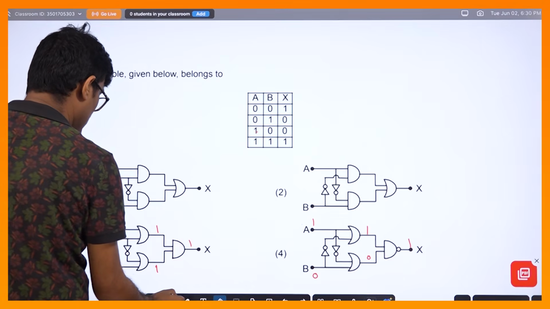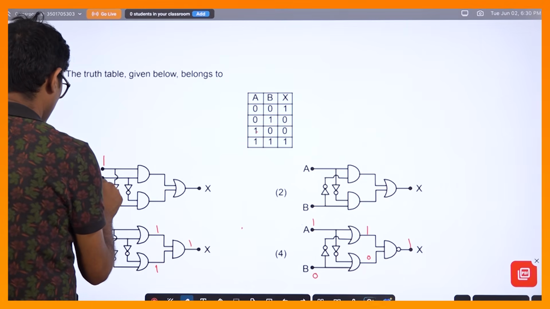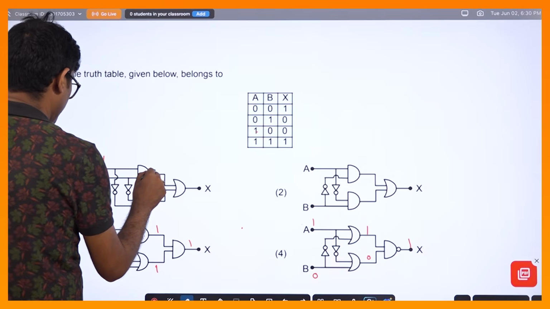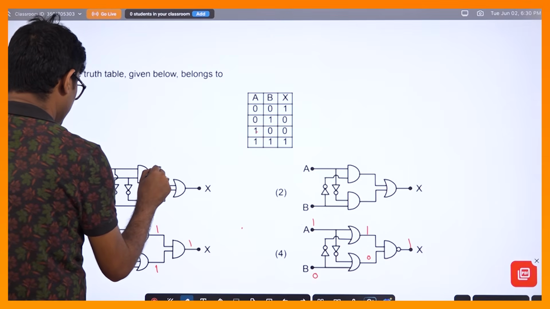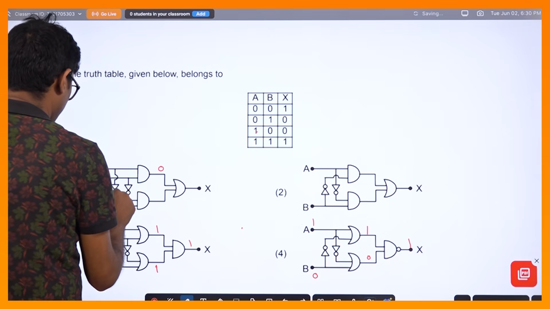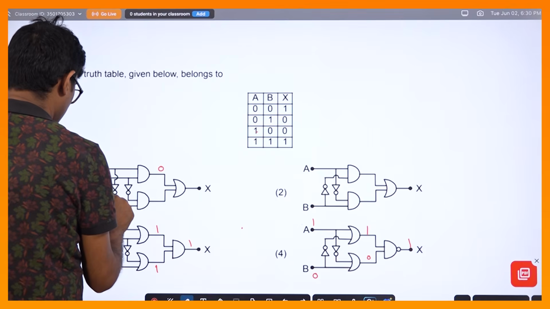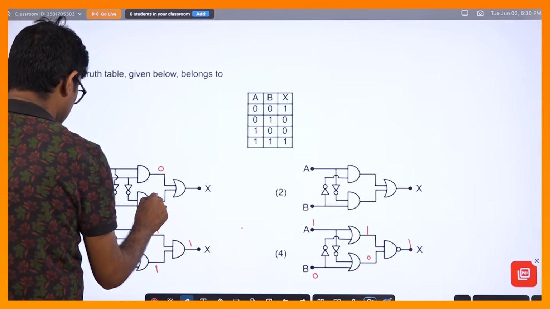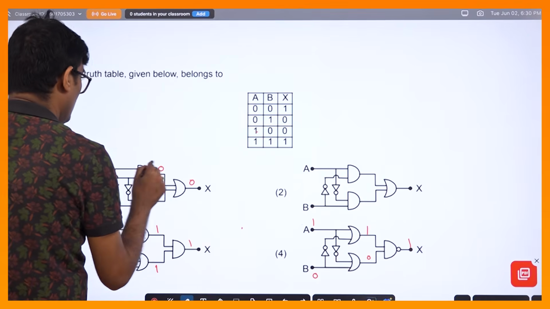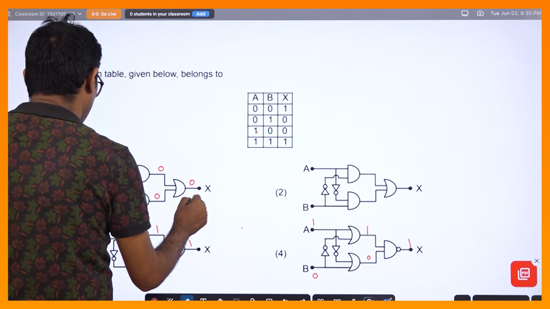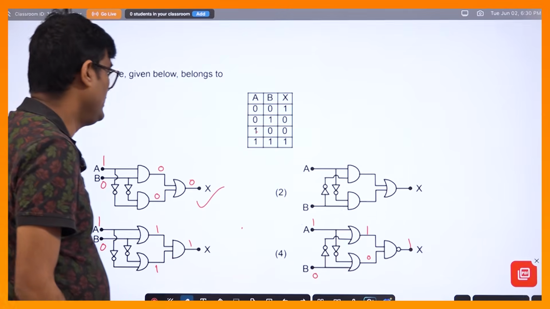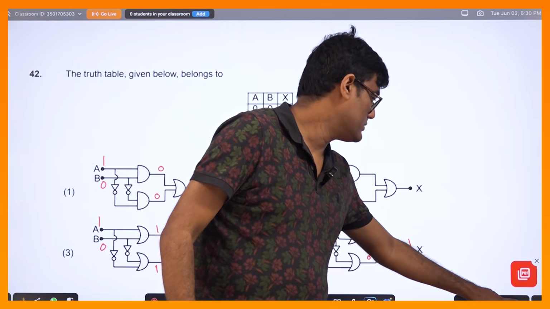Whether the first one is matching or not. 1 0, that becomes AND function to 0, that becomes 0 1 to 0 to 0 1 0 0. I think option A is matching, right? Option A is matching with all the truth table conditions.